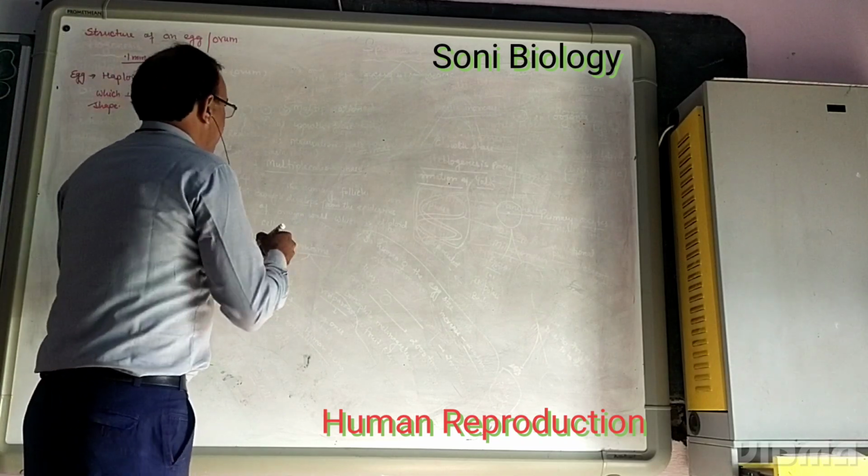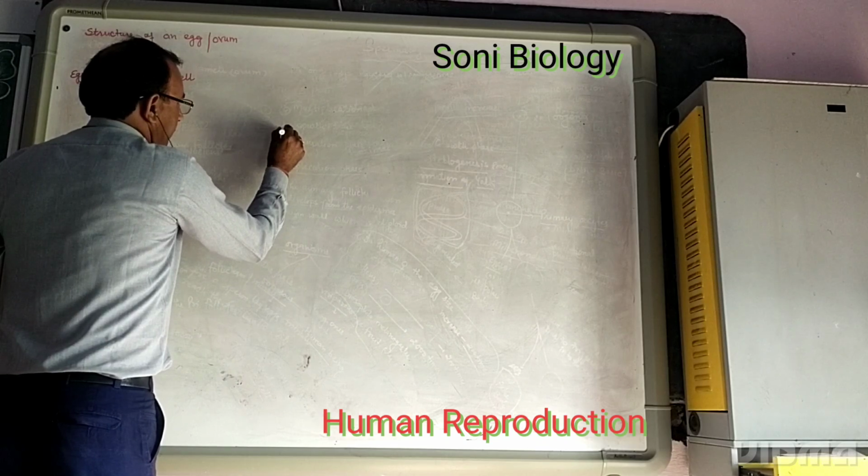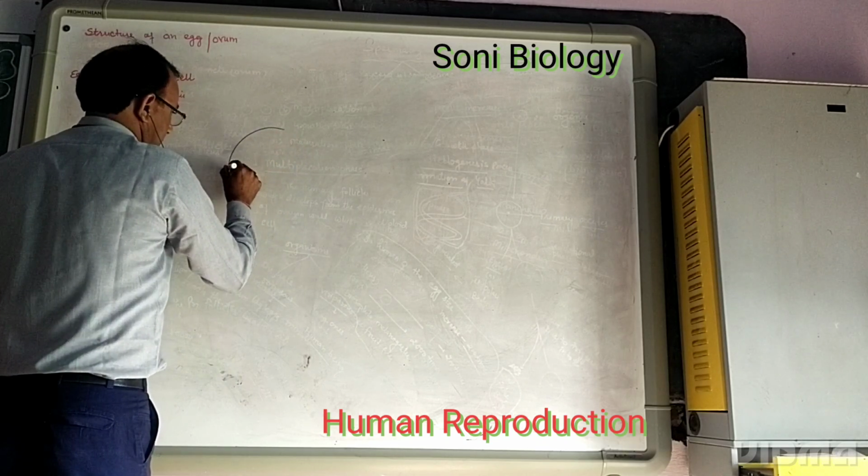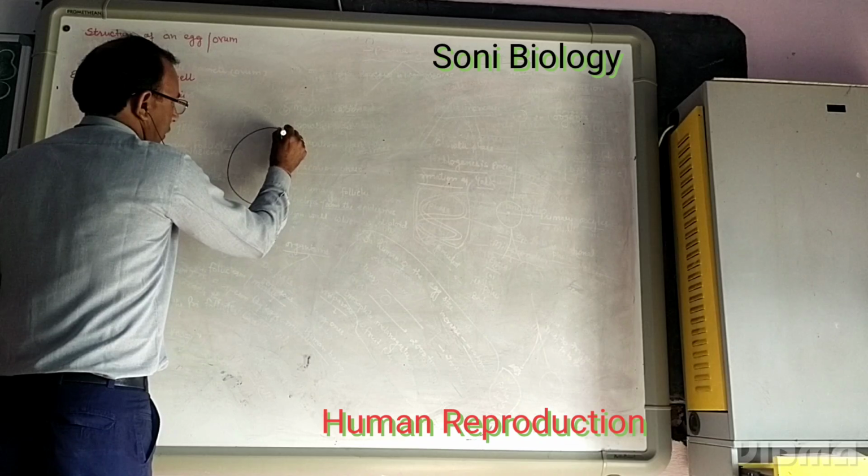An egg is a spherical or round structure that is very small in size.